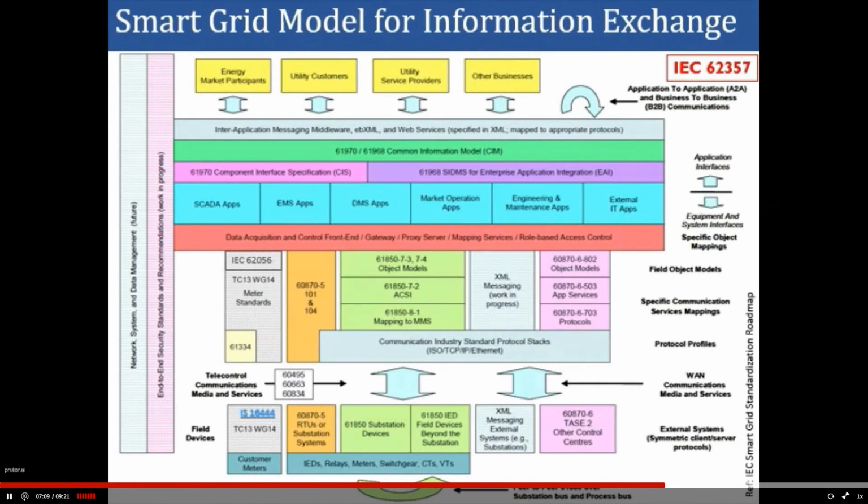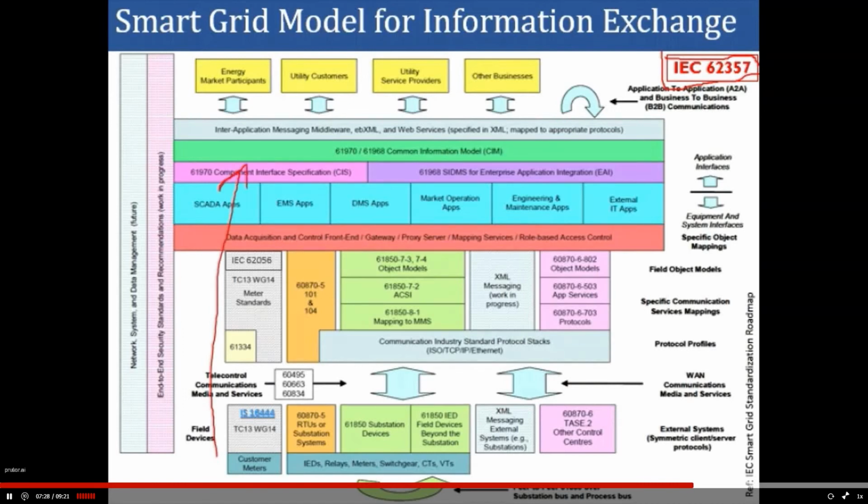Then we discussed IEC 62357, that is the smart grid model for information exchange, and we saw how the data travels from the field up to the enterprise level.